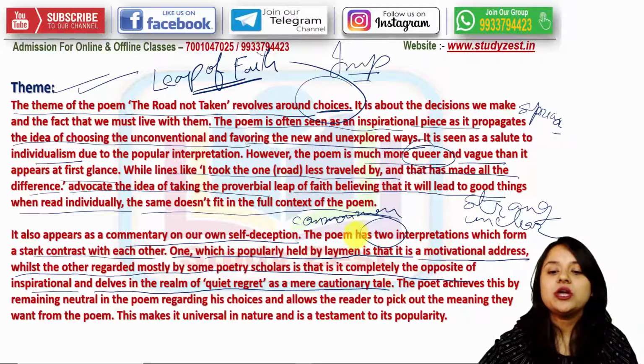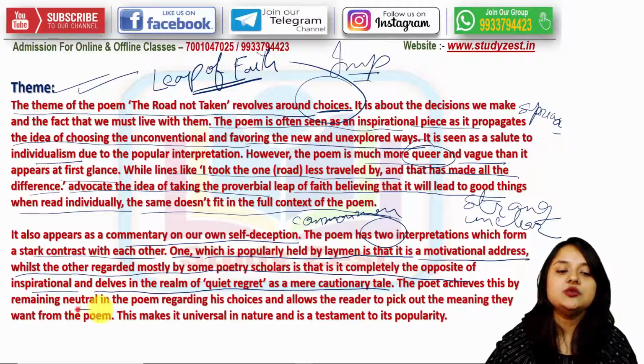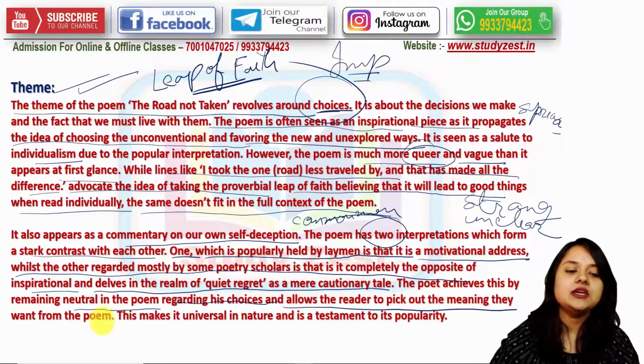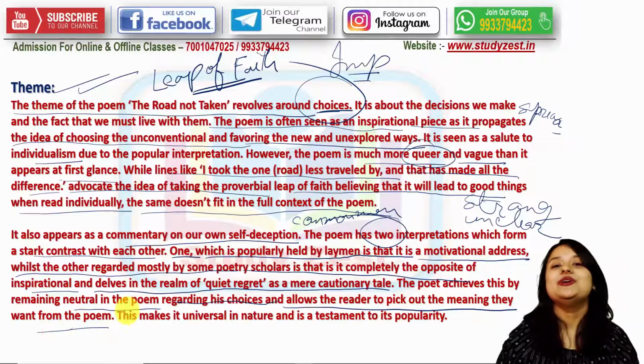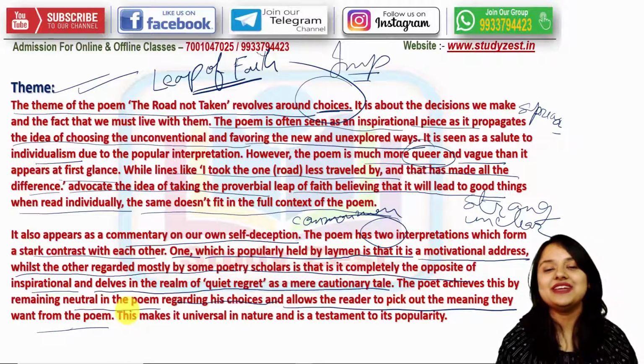Okay, so the poet achieves this by remaining neutral in the poem regarding his choices and allows the reader to pick out the meaning they want from the poem. So the poet here becomes very clever.